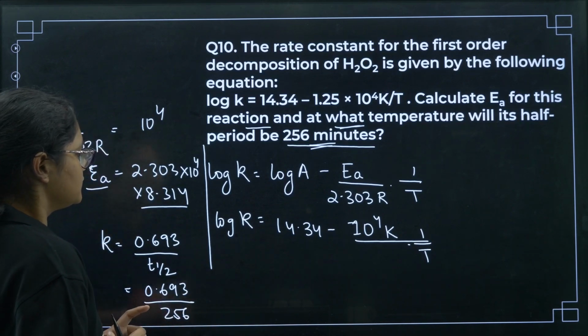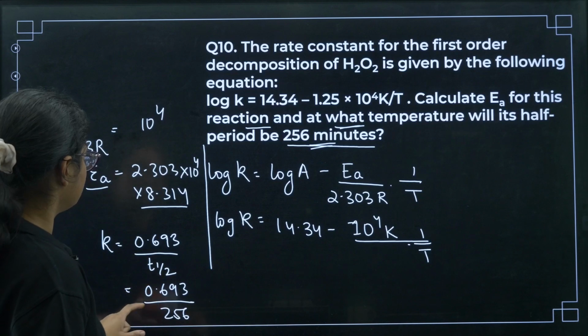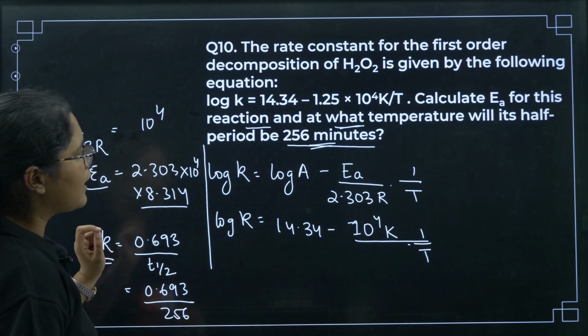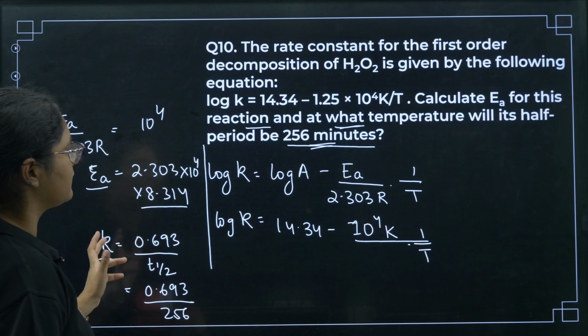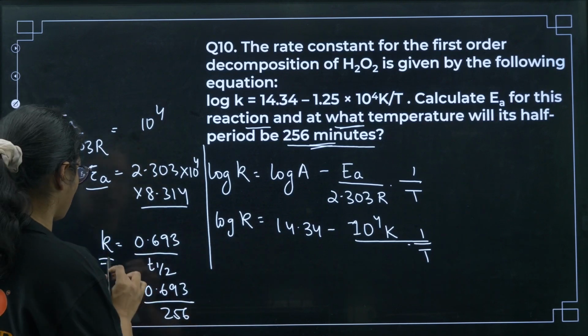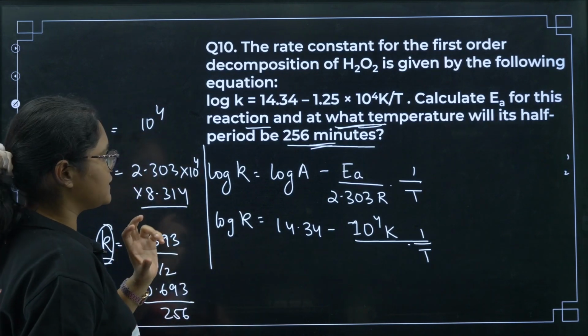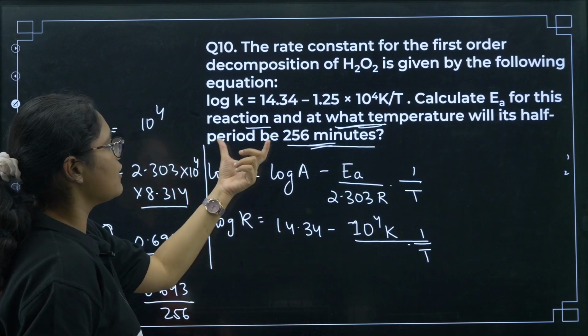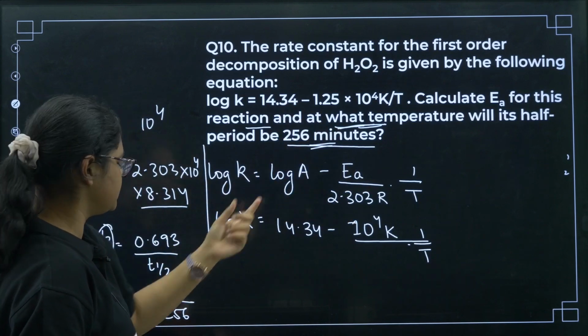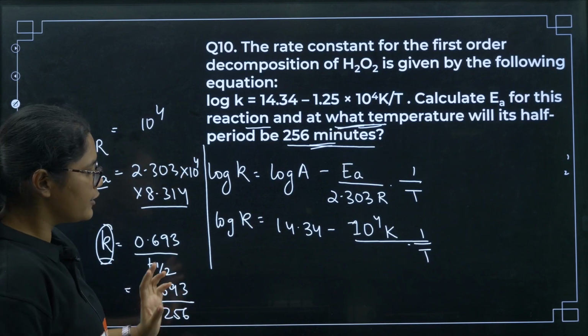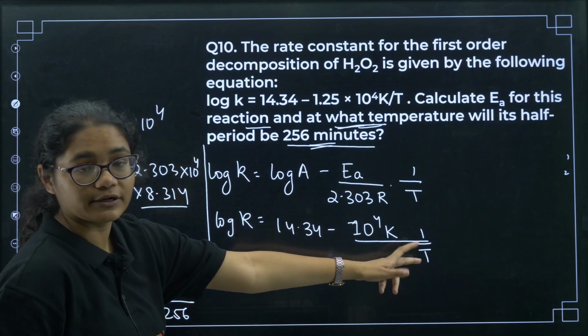So now we have got the value of K. When the half-life period is 256 minutes, at that time this is the K value we got. Now just substitute all this here and calculate the temperature.